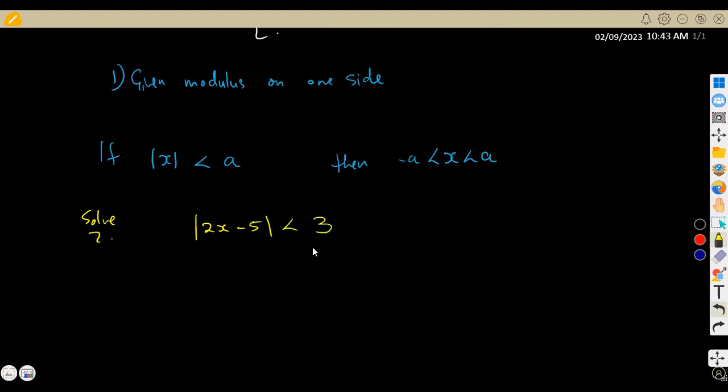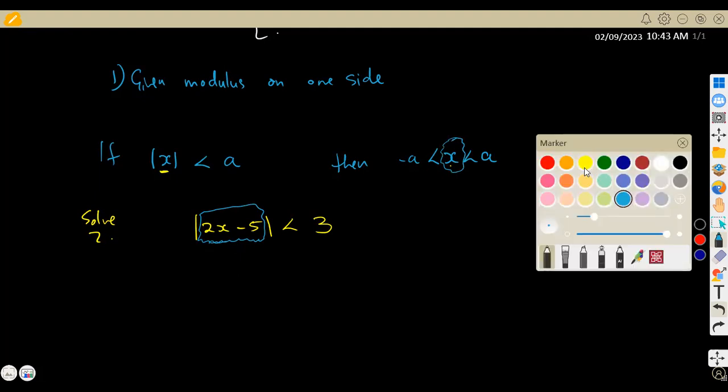What are we supposed to do in this case? The modulus of 2x minus 5 is represented by the modulus of x in our format, so the whole of 2x minus 5 is what you are going to substitute in place of x.